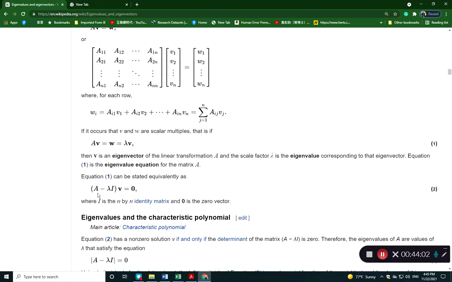In our case, it is the B matrix minus lambda I equal to 0, right? In your linear algebra, you remember, what is this minus lambda I? The unit in this case is 1, 0, 0, 1. So what does this matrix minus lambda I equal to 0 really mean? It means that the area defined by your B matrix and the area of your lambda times 1, 0, 0, 1 are the same.